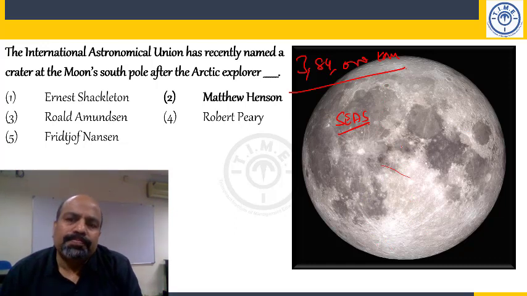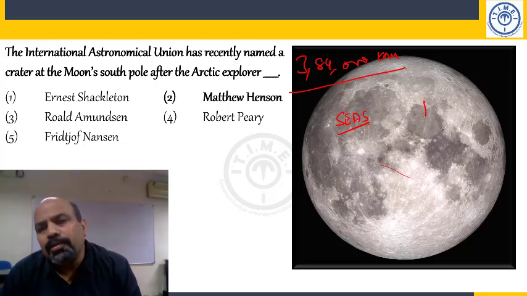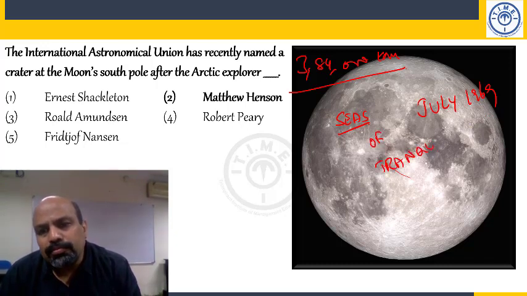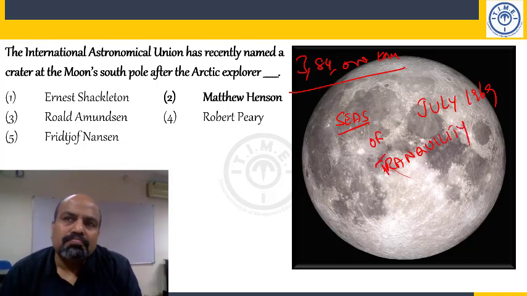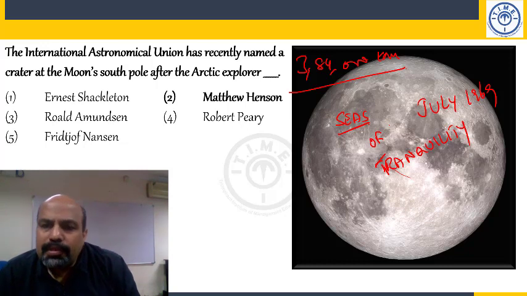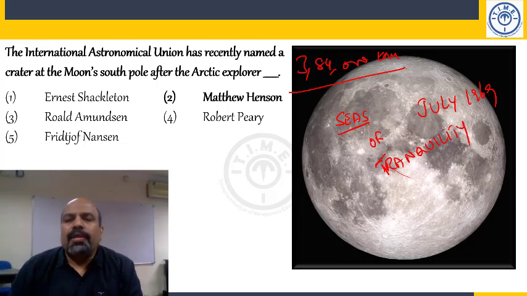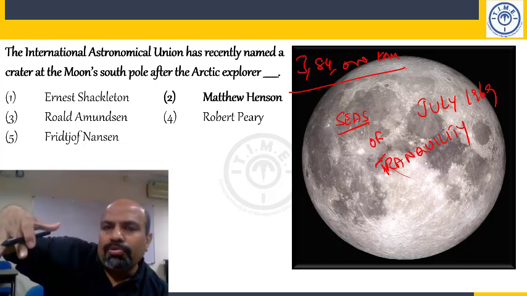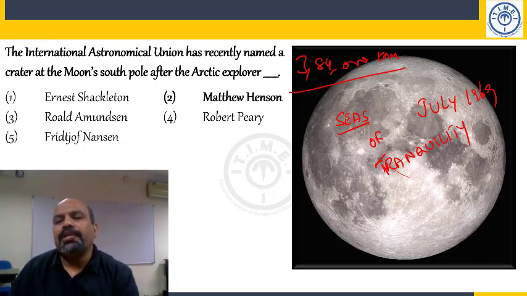Man first landed on the moon in July 1969 at the Sea of Tranquility. Neil Armstrong and Buzz Aldrin, two guys, landed on the moon in a place called the Sea of Tranquility.